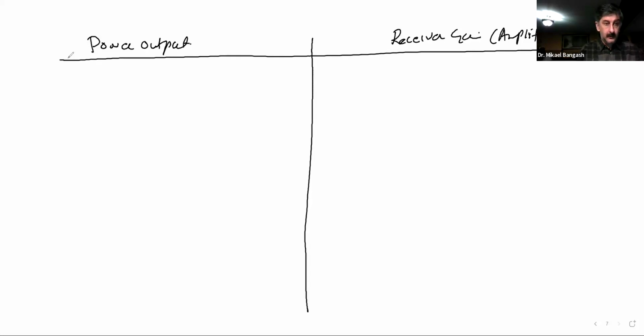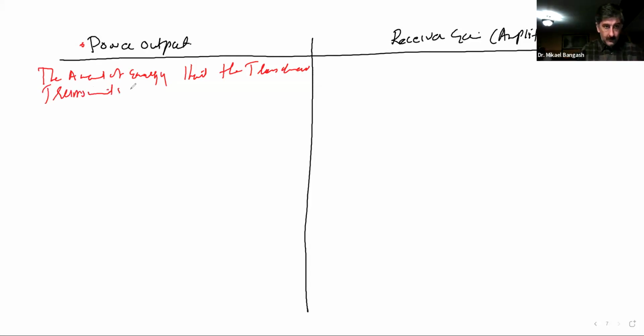Just to be clear, power output is the amount of energy that the transducer transmits to the patient.